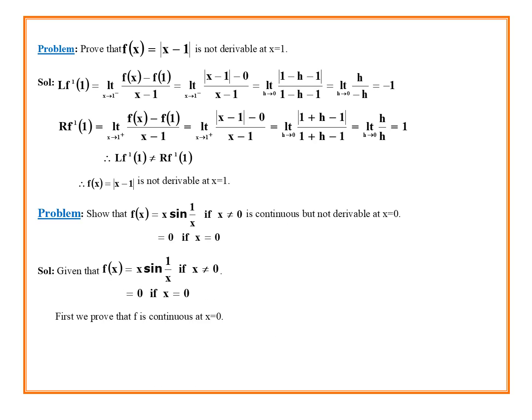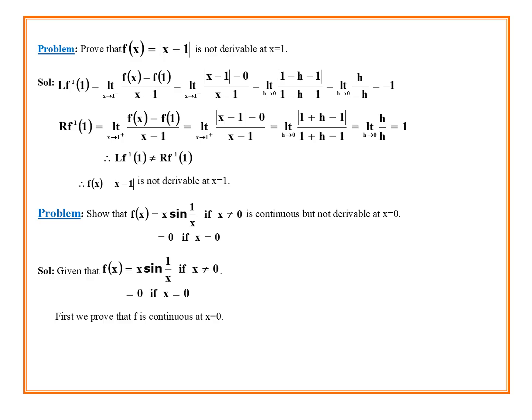The next problem is to prove that f of x is equal to mod x minus 1 is not derivable at x is equal to 1. Solution. We are finding the left hand derivative and the right hand derivative. If both are not equal, then the given f is not derivable at x is equal to 1. For that we are finding the left hand derivative at 1, which is equal to limit x tends to 1 minus of f of x minus f of 1 by x minus 1.